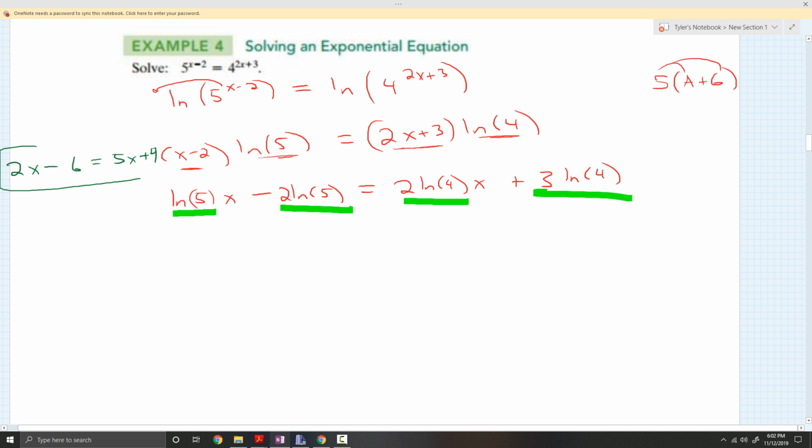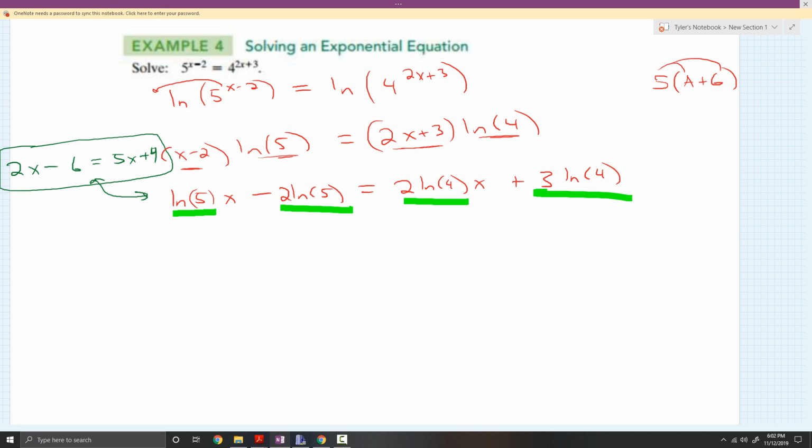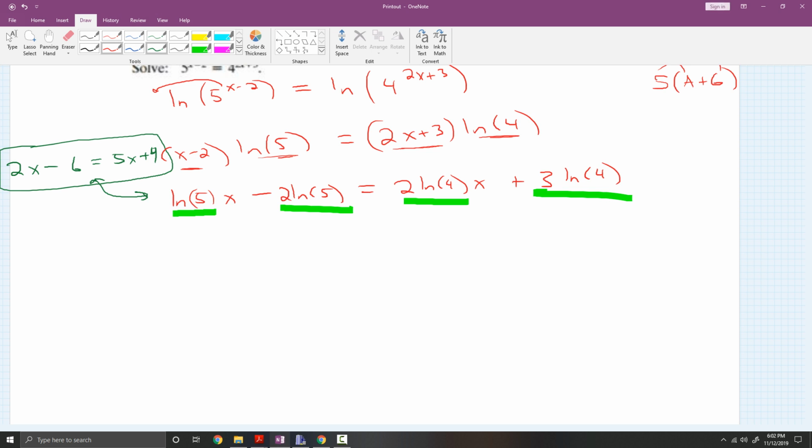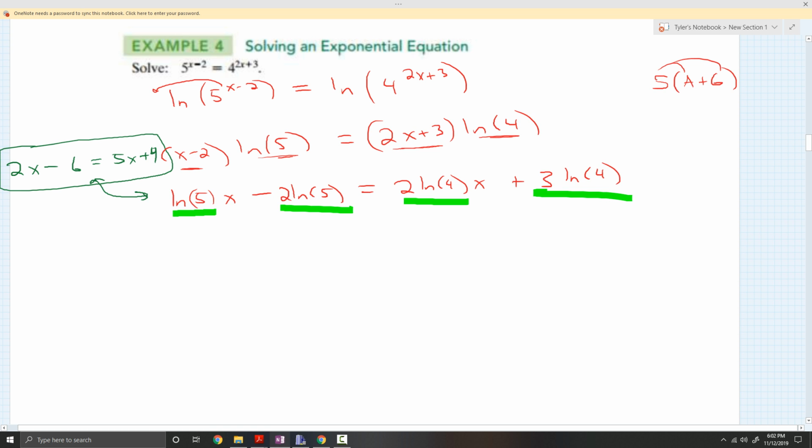This is a similar type of equation. They don't necessarily have the same answer. They're not equivalent, but they're similar in how they look. So don't be super scared off by the notation. We want to get x by itself, just like we normally would.